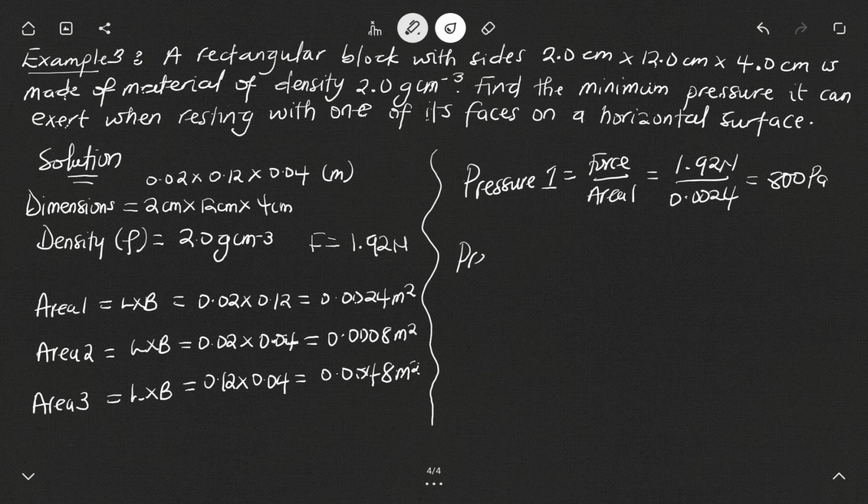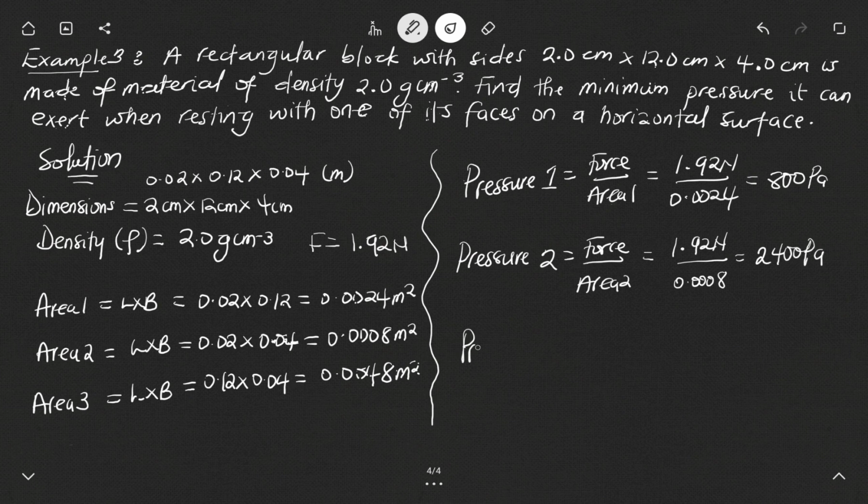Let's look at pressure 2. Now pressure 2, we will have force on area 2. Now this will give us 1.92 newtons for our force, and then our area is 0.0008, and then this will give us a pressure of 2400 Pascal.